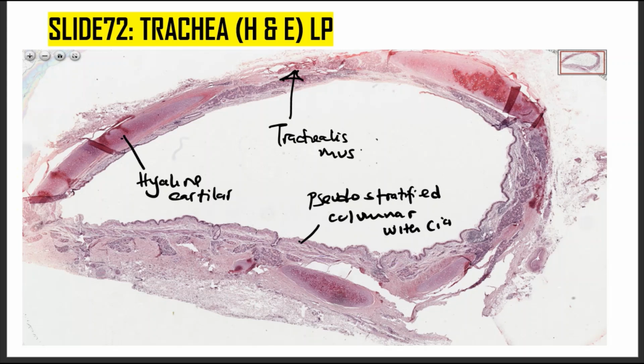So this is how you identify the trachea. The trachea anteriorly has pseudostratified columnar epithelium, and posteriorly it has an incomplete ring of hyaline cartilage. The hyaline cartilage doesn't form a complete ring because it has a trachealis muscle.